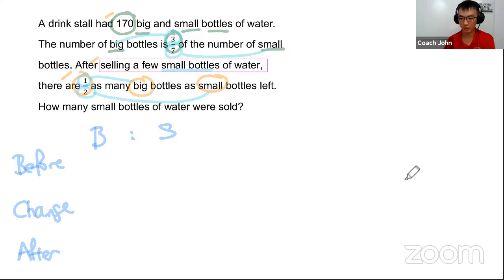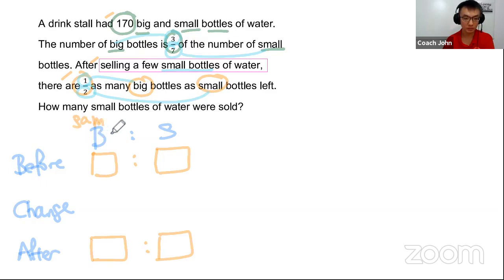Then you have the layout, which is for you to fill in the boxes, the numbers, and also an after ratio. And in this case, where will you write the same? Same for big bottles, because the number of big bottles didn't change. Small bottles are sold. Okay, so this is called layout. Sold means there must be a number here.